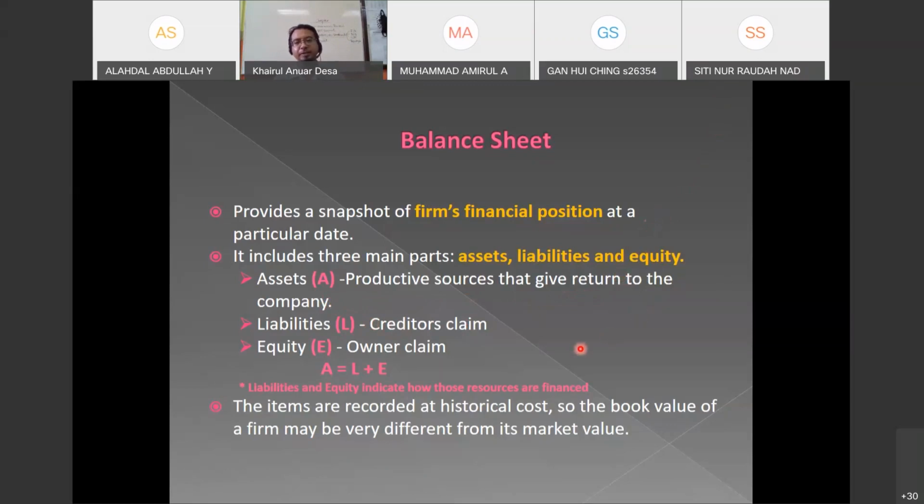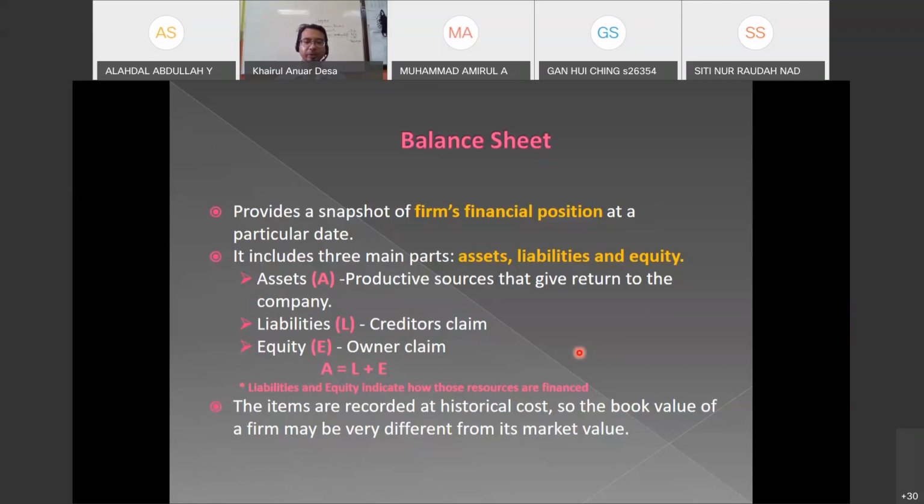Asset adalah sumber-sumber produktif yang memberi pulangan kepada syarikat. Asset can give our company return. That is the asset. What is the liability? Liability is the creditor's claim. Okay. Ataupun tanggungan. Tuntutan penghutang. That is the liability.